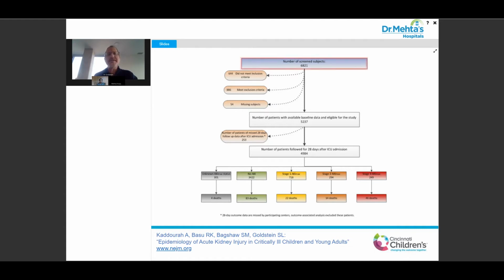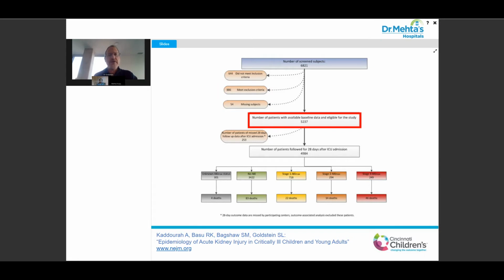So we screened 6,800 patients over a 3-month period. There were about 1,400, 1,500 patients that did not meet the inclusion criteria or met some exclusion criteria. And we only had 54 missing subjects, which is quite remarkable. That led to about 5,200 patients.